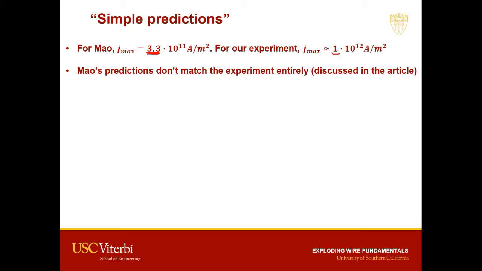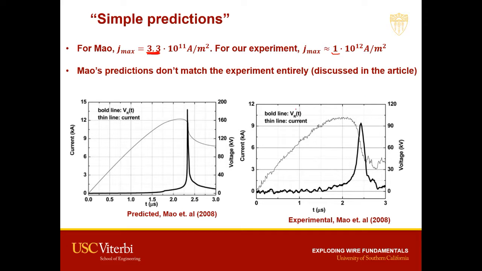So we don't know how much we can actually apply Tucker's data to our experiment. But reading Mao's article, he discusses that the predictions are not entirely matched by the experiment, and you can see the comparison in this graph.